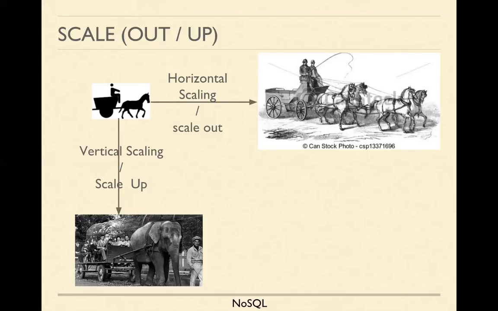While the first one, where he is planning to buy an elephant, is called vertical scaling or scaling up, the second option, where he is changing the architecture of the cart in order to fit more horses, is called horizontal scaling.